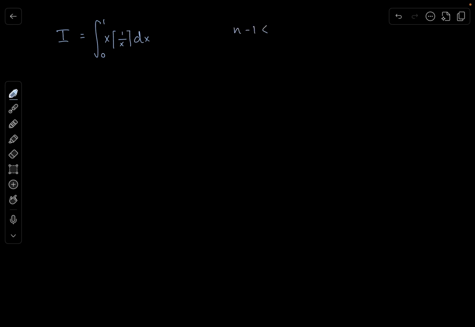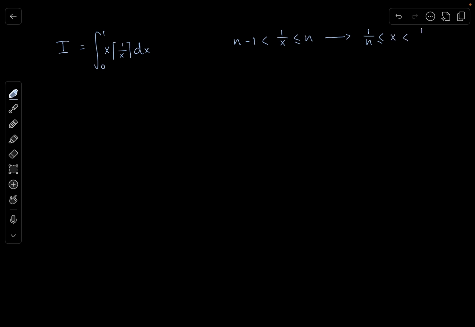n minus 1 is less than 1 over x, which is less than or equal to n because of the ceiling function. And then next, we're going to invert everything and we'll get 1 over n is less than or equal to x, which is less than 1 over n minus 1.